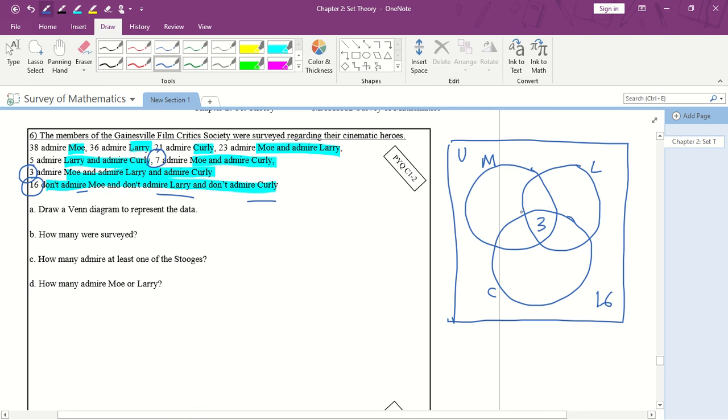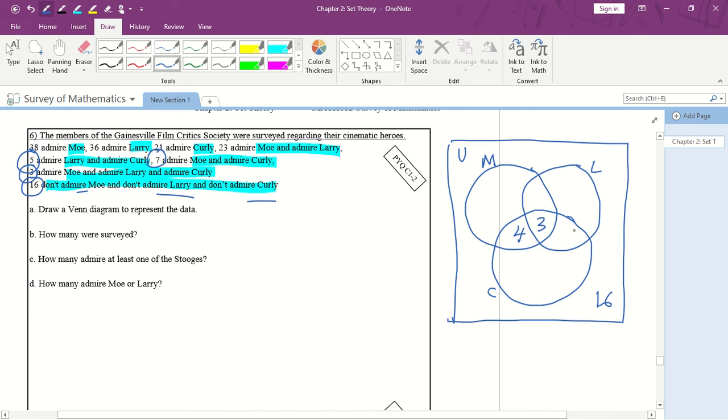So that is this region. Since it is 7, 7 minus 3 here will be 4. So 4 plus 3 is 7. 5 admire Larry and Curly. So Larry is here, Curly is here, which means that is this region.